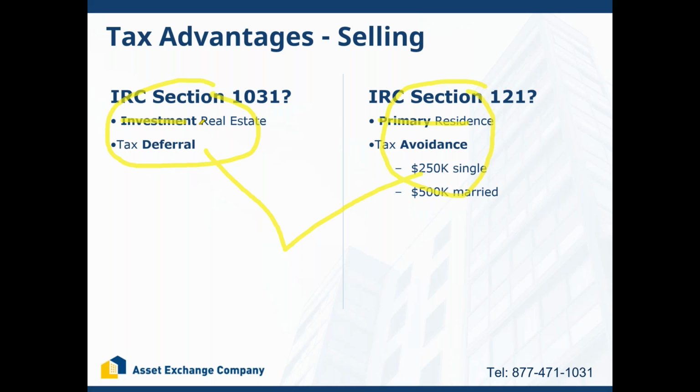You might have a property that is part investment and part primary. Well, if so, then you can take the 1031 exchange and the homeowner's exemption. Right? So we can do blended transactions where we take some homeowner's exemption and some 1031 exchange. And I'll go into a bit more detail about how to do that in a slide further in the presentation.